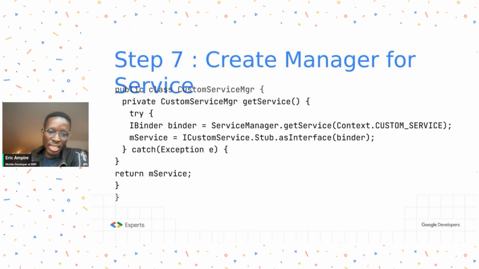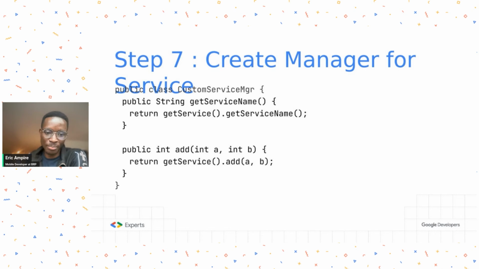As I can see, it returns an instance of the IBinder, and I can use that particular IBinder to initialize my service by using ICustomService.Stub. Don't forget that this stub has been generated for us, and I just need to use the asInterface method by providing the binder to that method, and it will return the service that I can assign to my mService object that has been created recently. After this process, I can just return that particular service, and it can be used quite easily.